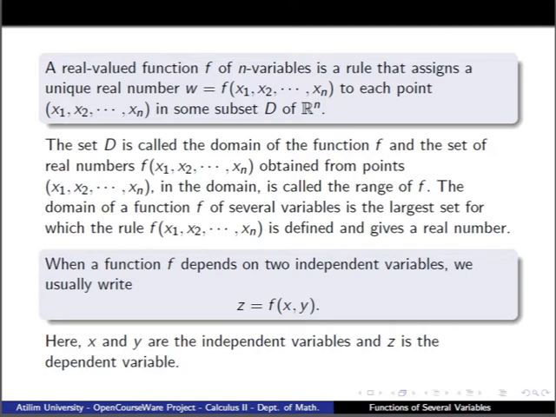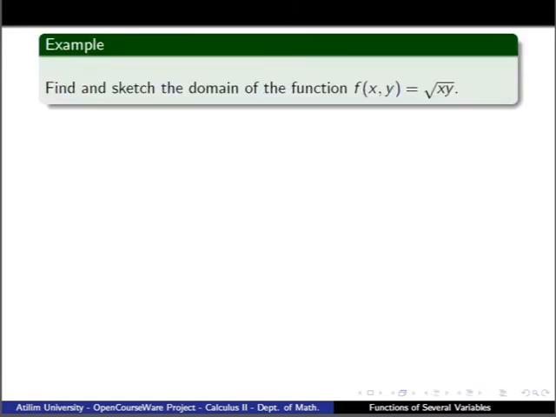After those simple definitions related with the functions of n variables and two variables, we may pass through an example in which the domain of the function is wanted. If you look at the function f, it is the radical xy, that's the square root of x times y. But remember that inside the square root, there can be a non-negative expression.